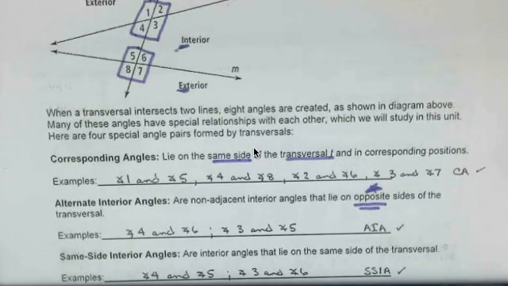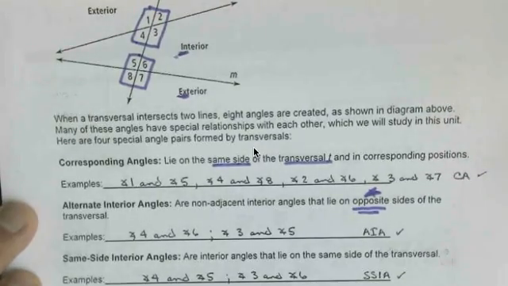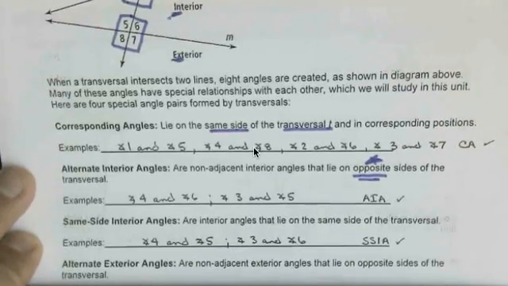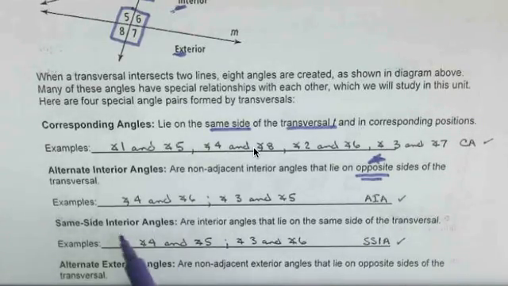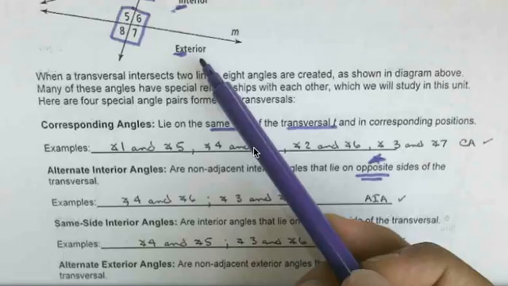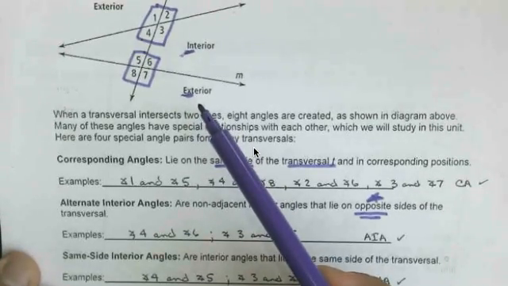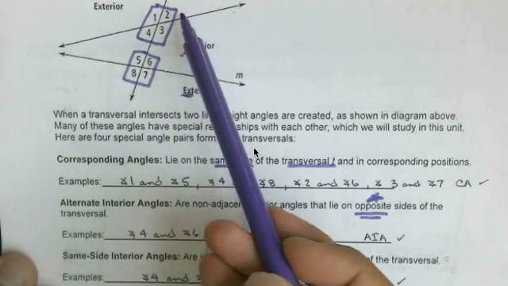So we've got those 3. The 4th type of angle pair we'll see, non-adjacent exterior angles that lie on opposite sides of the transversal. So pretty much alternate exterior angles. So this is just heavily on the exteriors. So we see that we have 1, 2, 8, and 7.